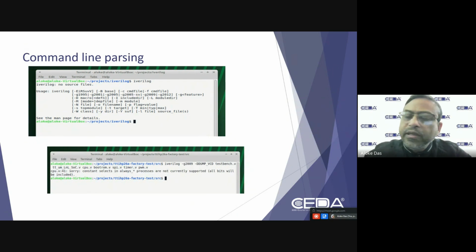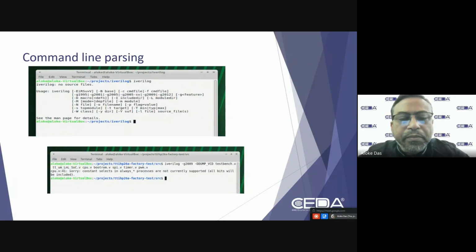flexibility to open the C++ code, and so whoever has written this software should write it in a flexible manner so that the users can use it in many different ways. So this is the technique called command line parsing.